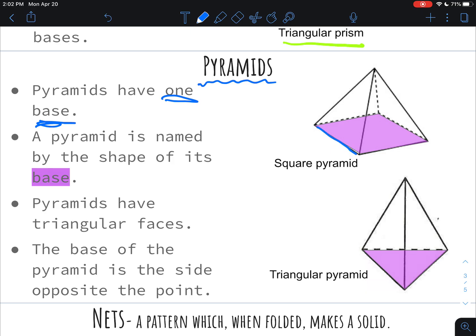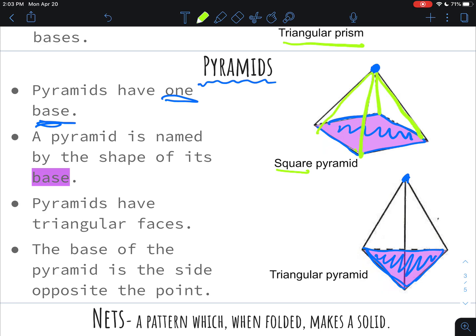So a square pyramid obviously has a square base, and the base is always opposite of the point or the tip of the pyramid. And then a triangular pyramid has a triangular base, and it is opposite of the point of the pyramid.